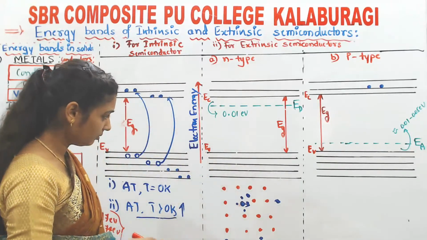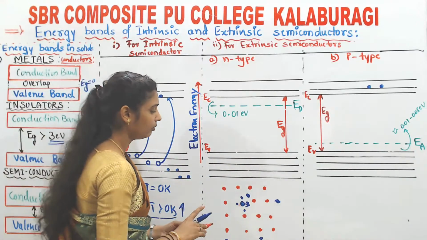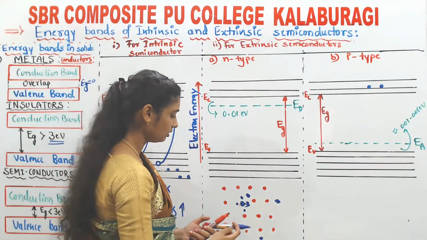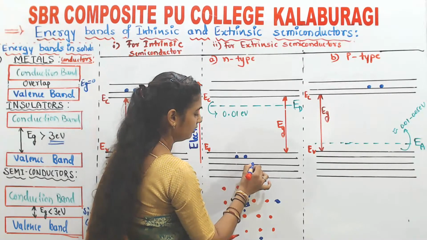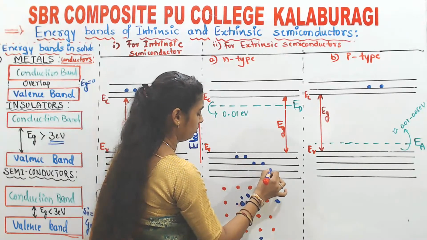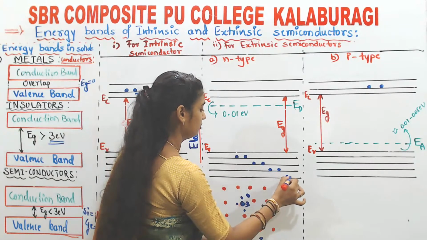Now here, how the connection will take place: let me draw some electrons in the valence band. Yes, look at this.